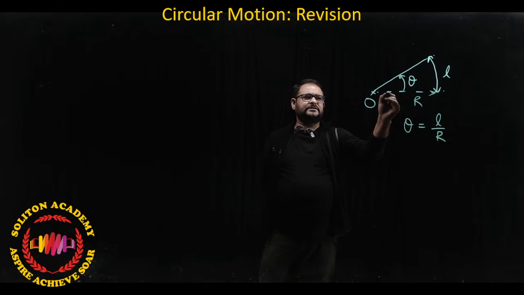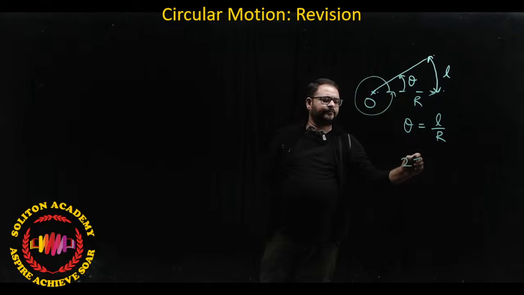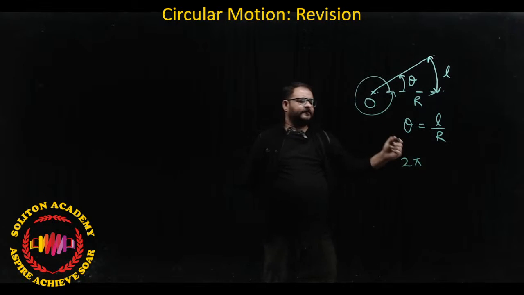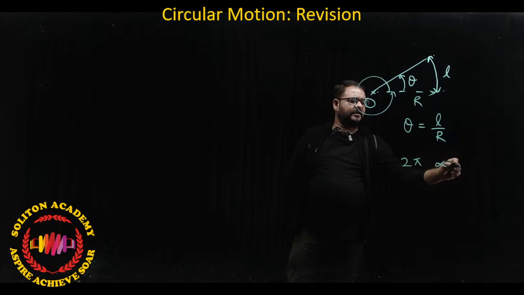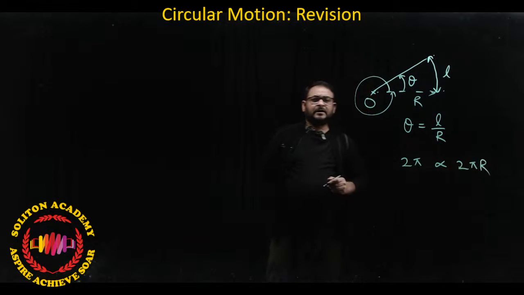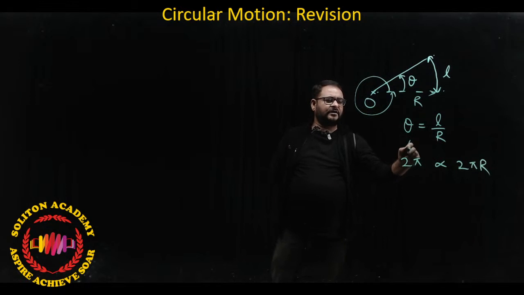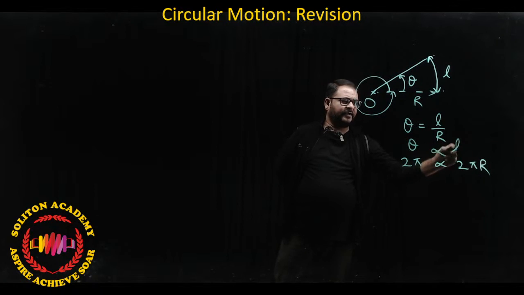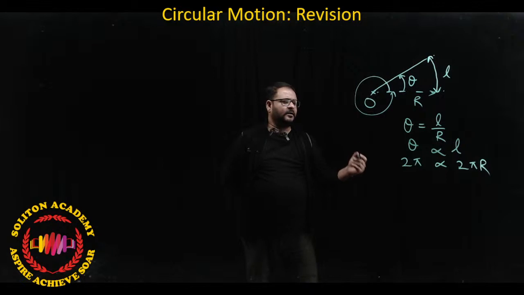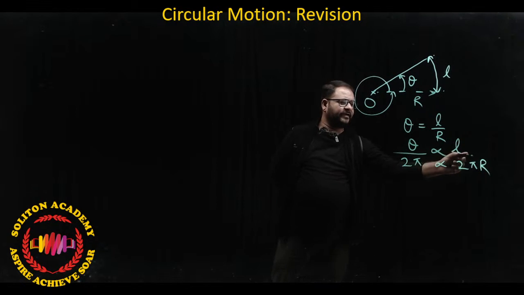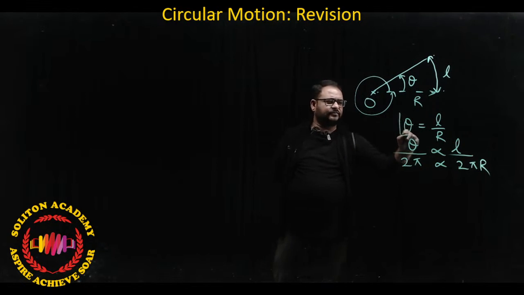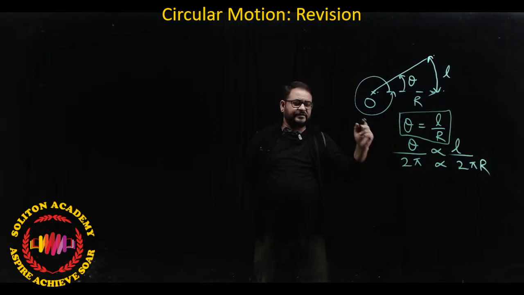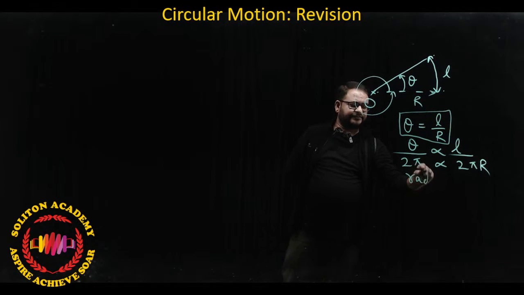If somebody does an angular displacement of 2 pi, the arc length corresponding to this will be 2 pi r. Now if somebody does angular displacement theta, and corresponding to it there will be arc length L. Therefore, if we take the ratio, we get this relation. Now this is the definition in radians.